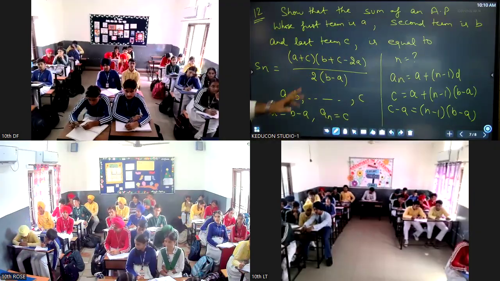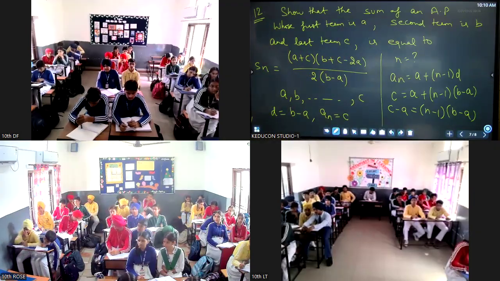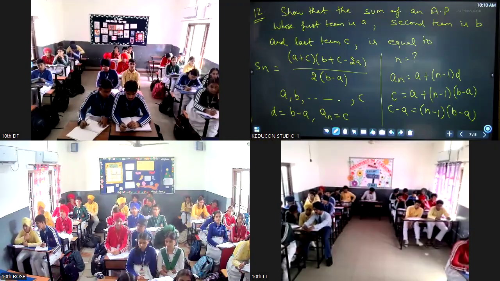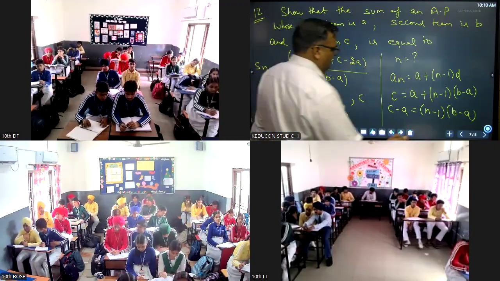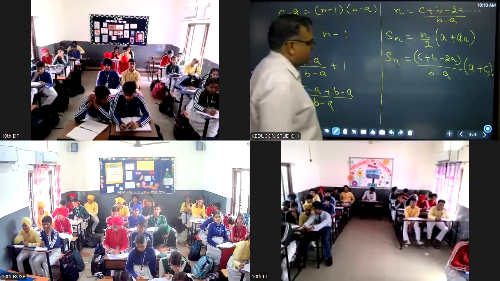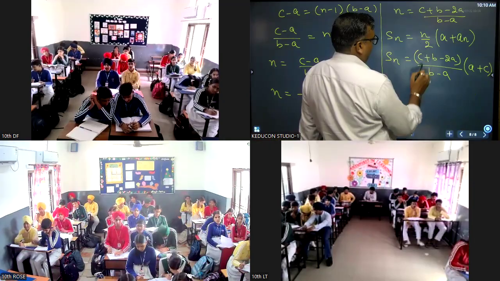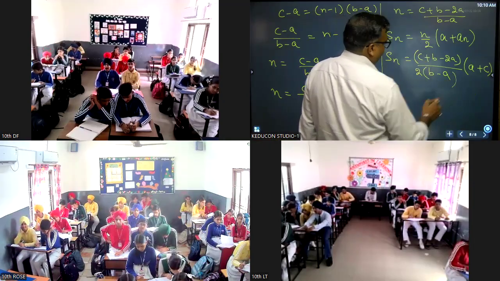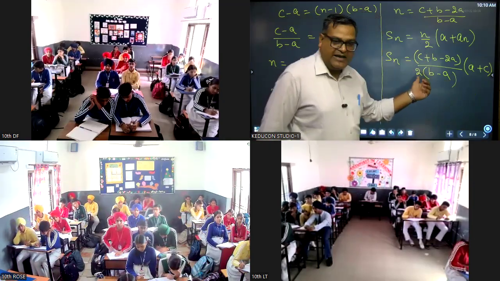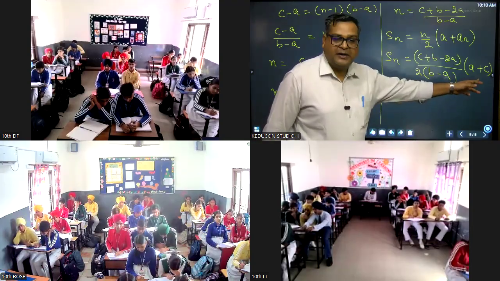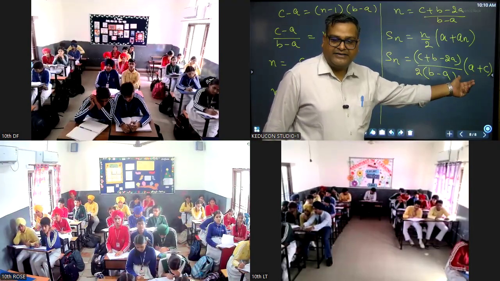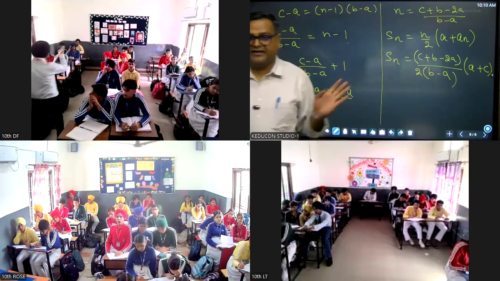We have to prove Sn equal to this: (a plus c) into (b plus c minus 2a) upon 2 into (b minus a). And the value of n is 2b here, n by 2 is also 2b. This is the value of n by 2 into a plus an. What is an? C. So we have written this.